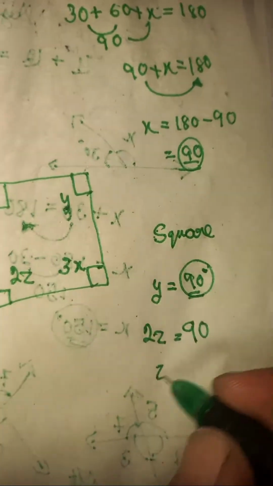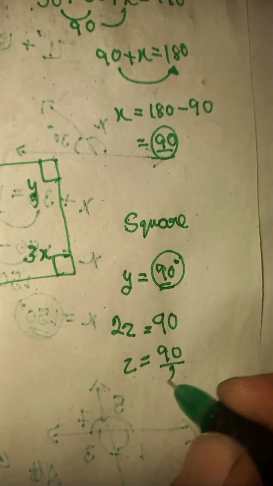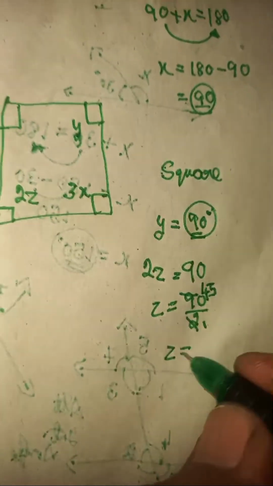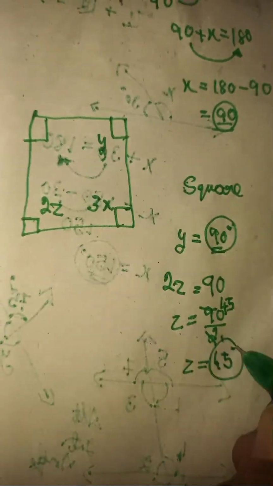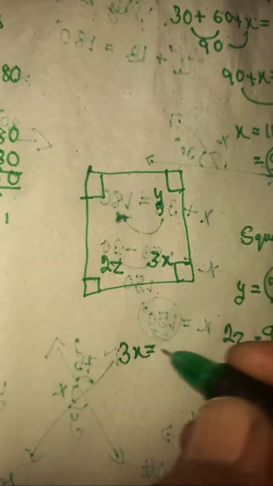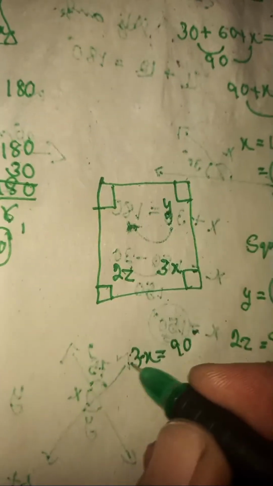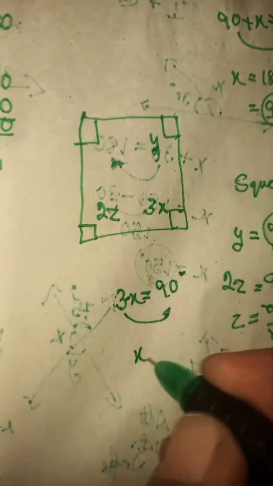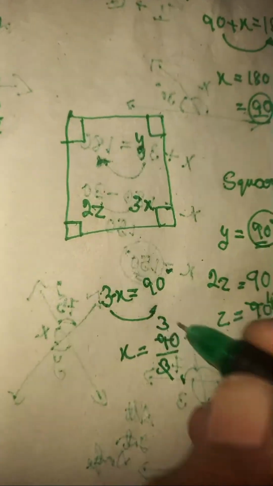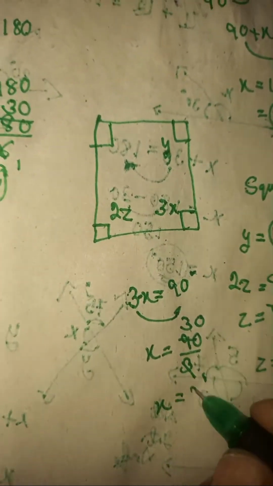This 2 goes to the other side and comes below, 90 by 2, 2 times 45 is 90, so z equals 45 degrees. And they have given 3x, which is also equal to 90 degrees. 3 goes to the other side and comes below, so x equals 90 by 3, 3 times 30 is 90, so x equals 30 degrees. And now you can find out more values from it.